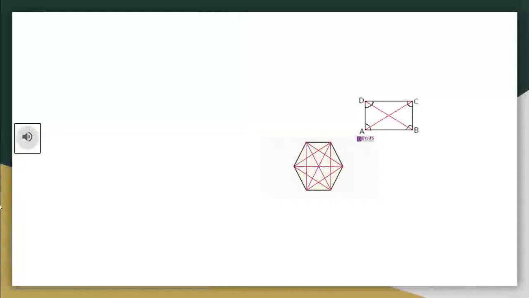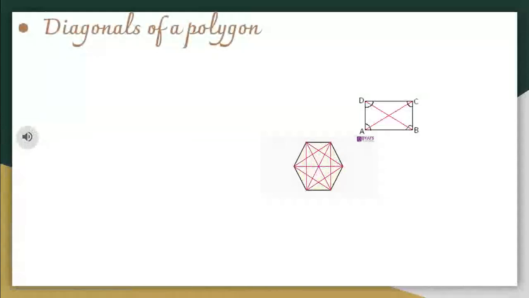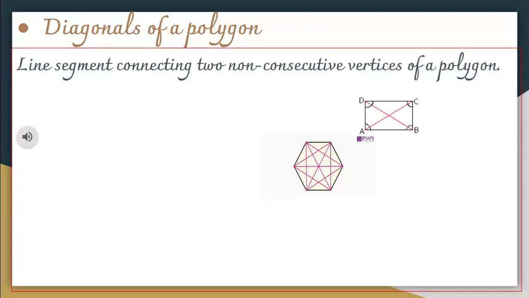Next point is diagonals of a polygon. Now, in terms of a polygon, every polygon has a very important parameter which is called diagonals. Okay. Now, what is a diagonal of a polygon? It is a line segment that connects two non-consecutive vertices of a polygon. Now, when we talk about a polygon, we talk about its sides, that is the line segments which make the polygon, isn't it?